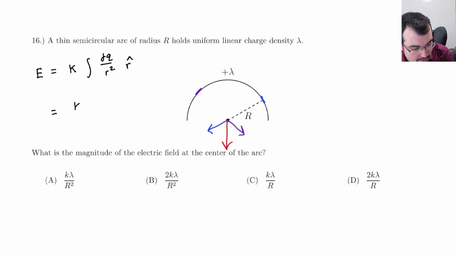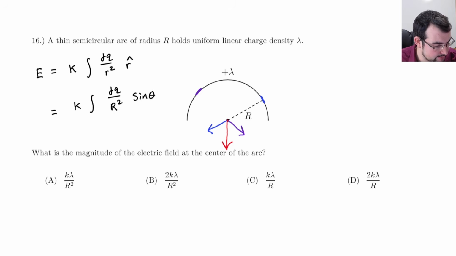Here, every segment of the arc is a distance capital R away, and we want cosine theta. No, we do not. We want sine theta, because we want the vertical component, so we want that theta right there. Then we can do some simplifying. We know that dq is equal to lambda times dl, where L is our arc length.